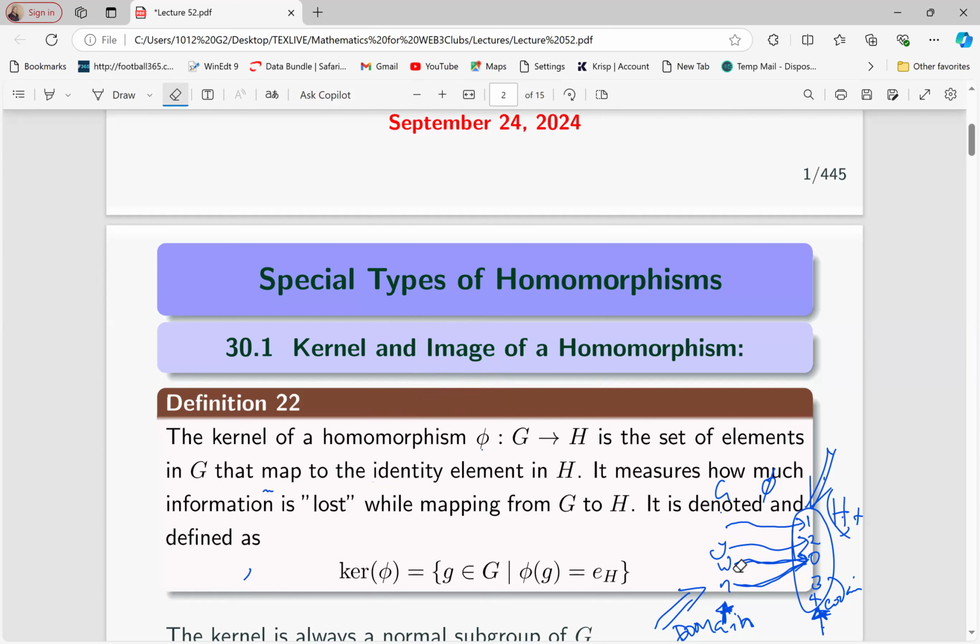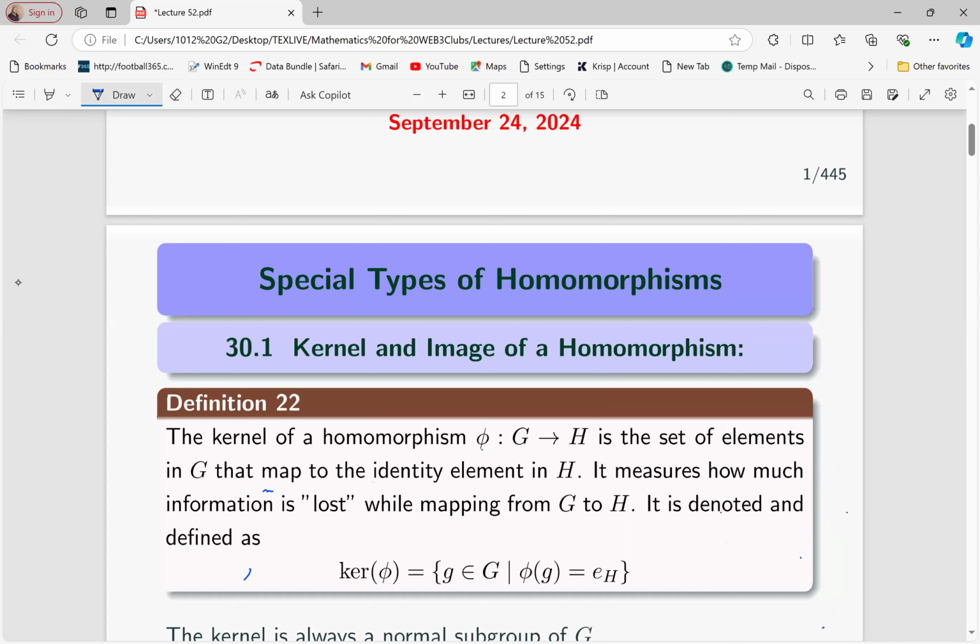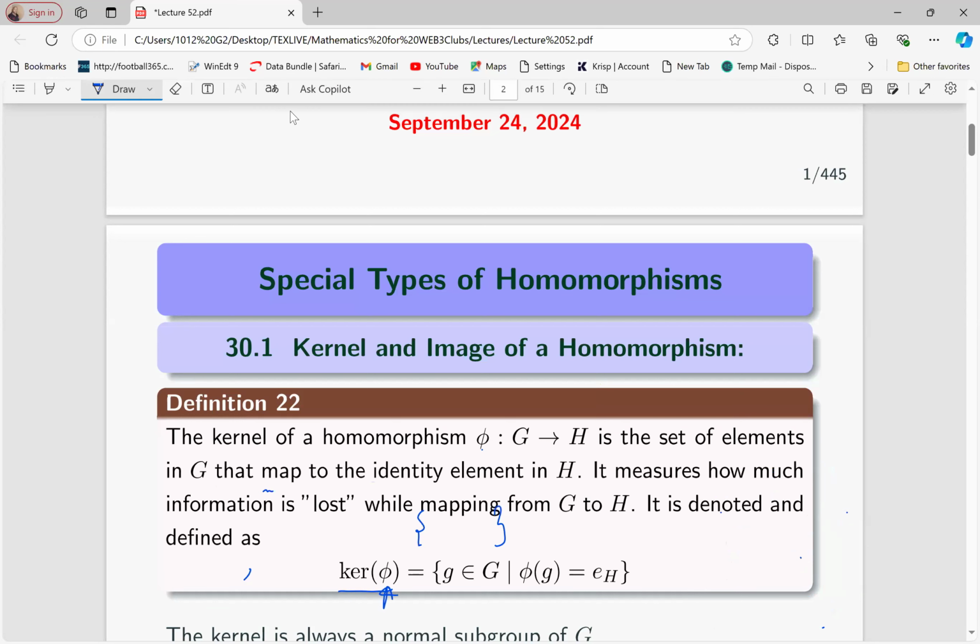But now we can also define it mathematically. I've just explained what the definition is so that when we define it mathematically, we can understand it. So mathematically, the kernel of the homomorphism phi is the set. Once you open these brackets, you mean the set, the elements of the set.